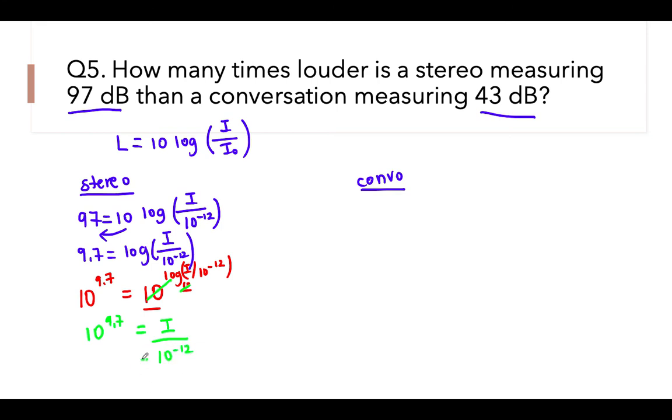Then I'm going to move this to the other side by multiplying. I is equal to 10 to the negative 2.3. Okay, so that is the intensity for the stereo. Now for the conversation, same thing.